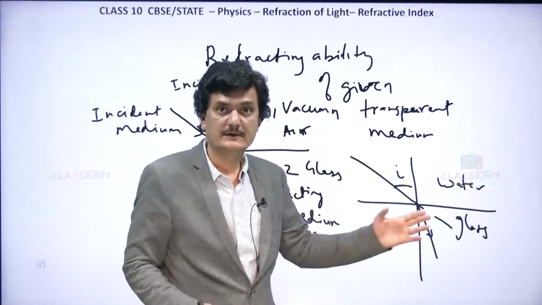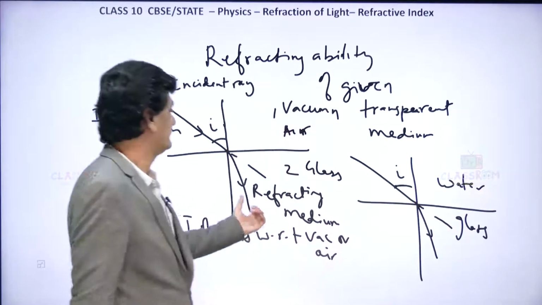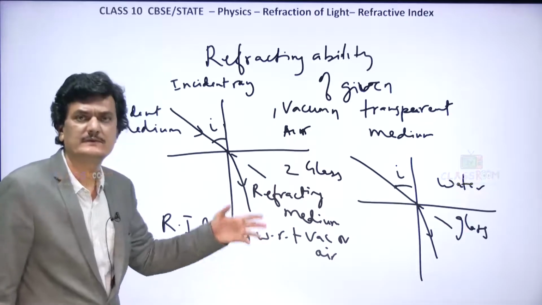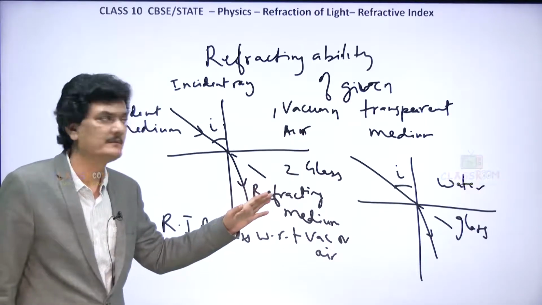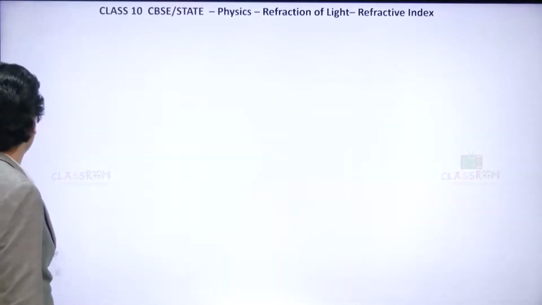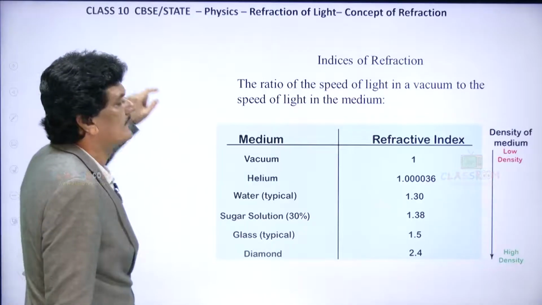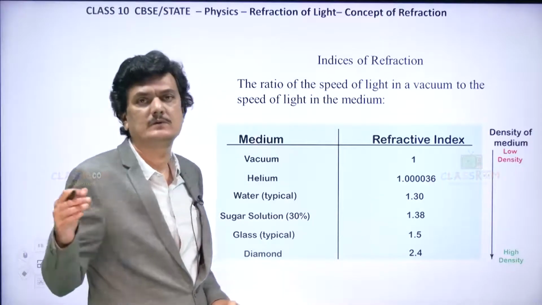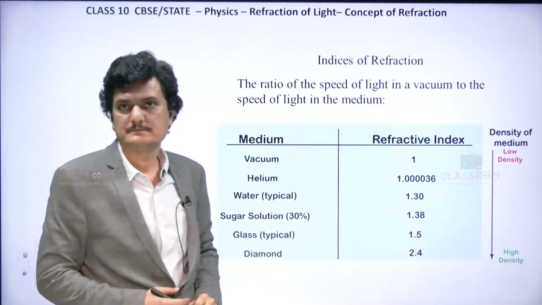So, whenever we find the refractive index of any given medium with respect to vacuum, that will be called the absolute refractive index, and when we find it with respect to any other medium, that will be called relative.